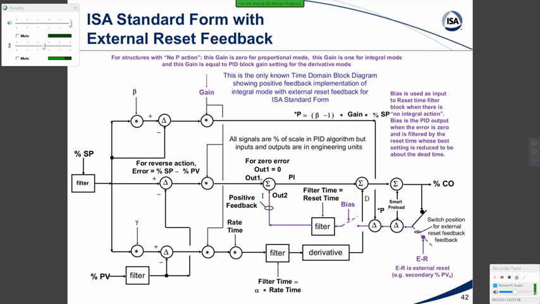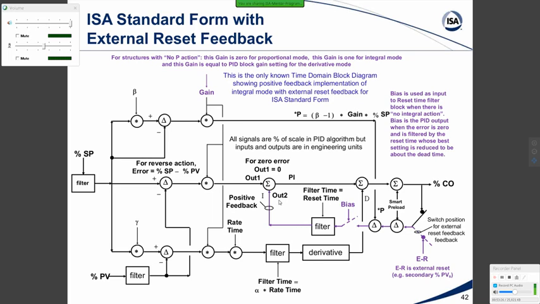But for zero error, out one is zero, and the total contribution really has come for zero error, or approximately zero error, from here, the positive feedback implementation. So because we are adding this out to out one.